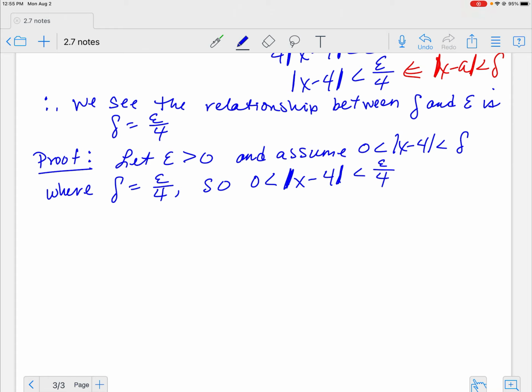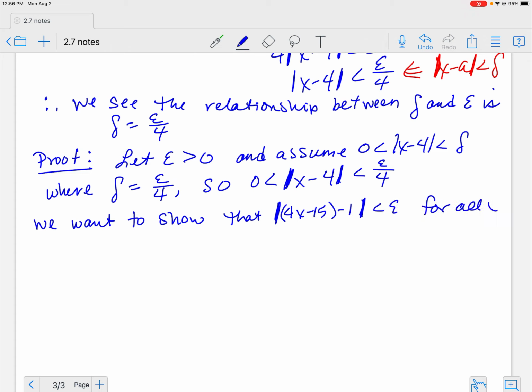We want to show that the absolute value here of 4x minus 15 minus 1, because that's f of x minus L, is less than epsilon for all x, such that 0 is less than the absolute value of x minus 4, which is less than delta, right? So this is back to our definition again.